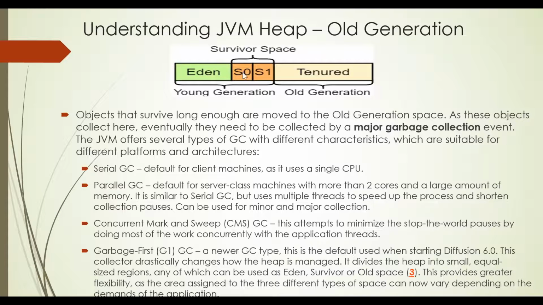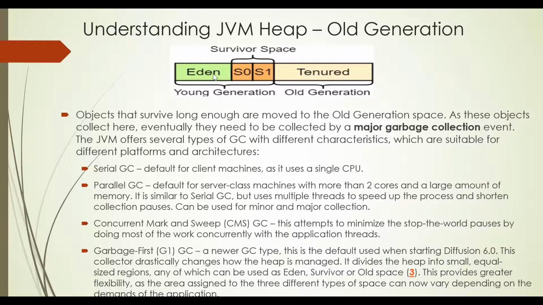Now, what happens with the objects in S0? These objects have already survived 7 or 8 GC cycles. When the next GC cycle comes in, the JVM will first move the objects in S0 to S1 and free up the S0 space.